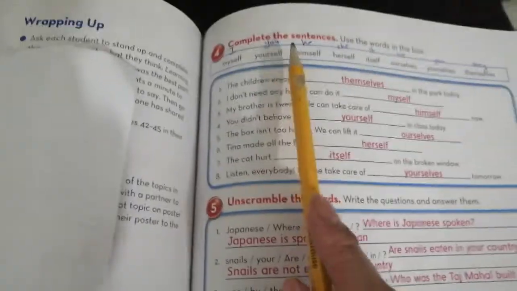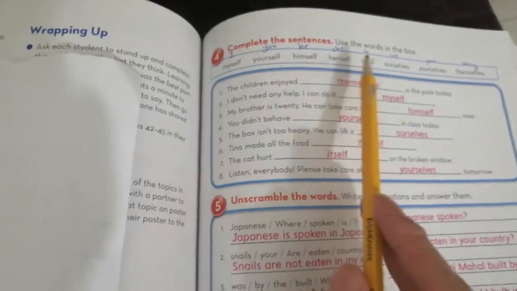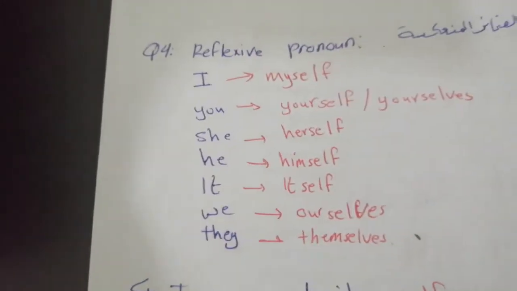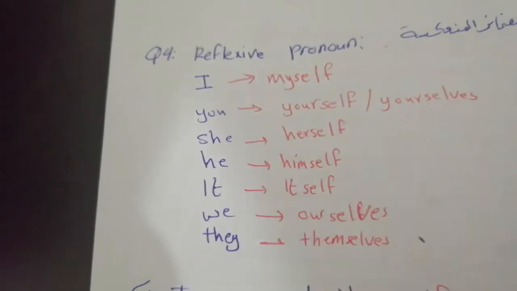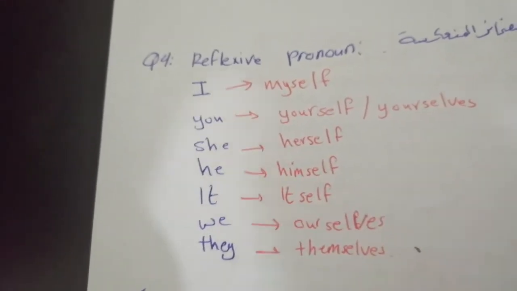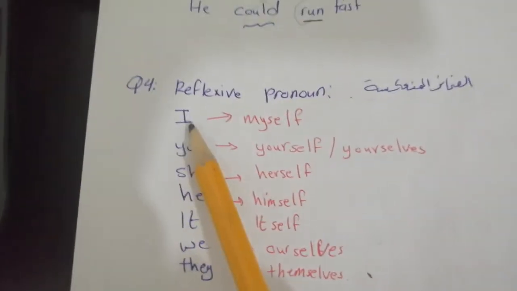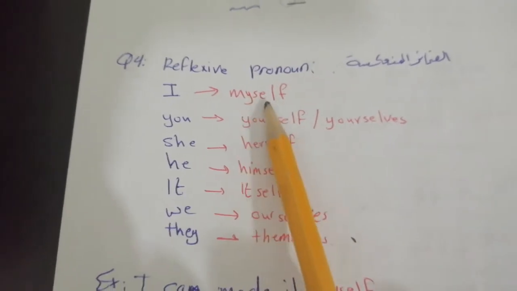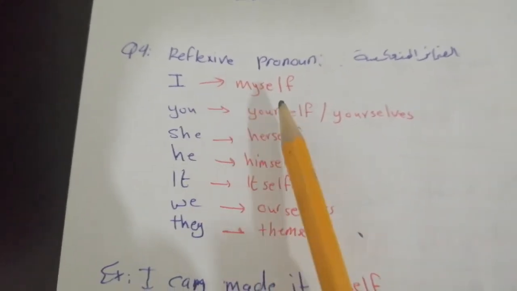This is a reflexive pronoun. اللي هم الضمائر المنعكسة. The most important thing is that you have to memorize each pronoun. What are the reflexive pronouns related to them? With I, it always comes myself. You, yourself.